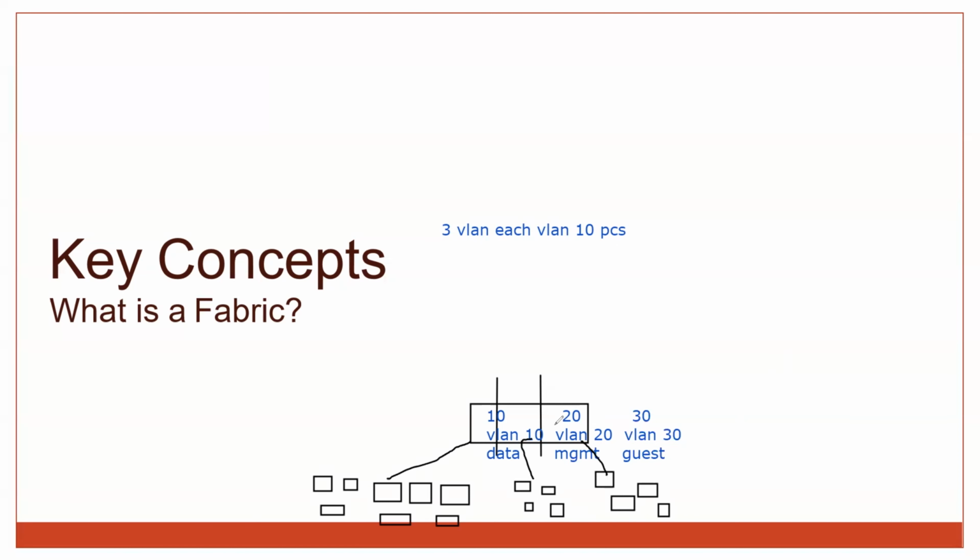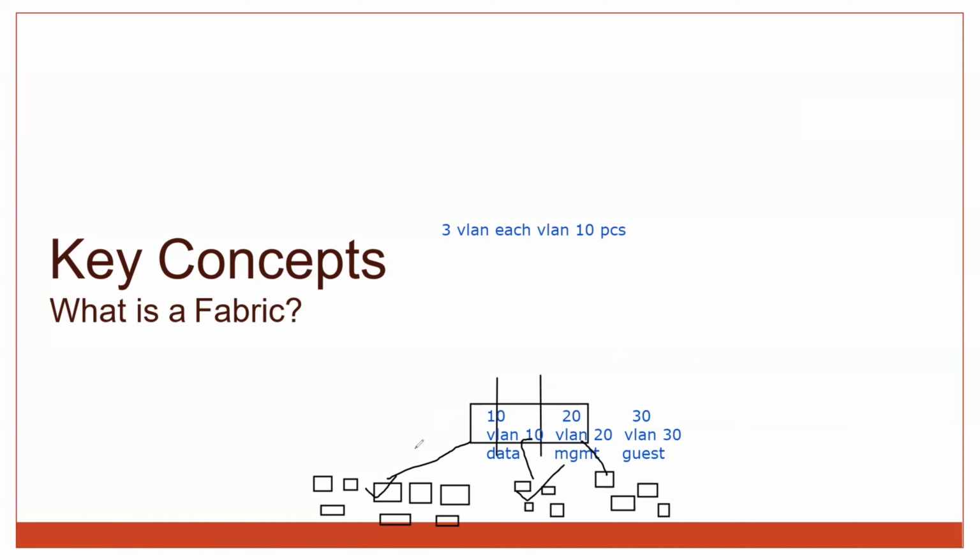No doubt, right? Now, this is a very small network. You are telling this is a LAN network. But the problem here is that if a VLAN 10 PC wants to communicate with VLAN 20, it's not easy, right?